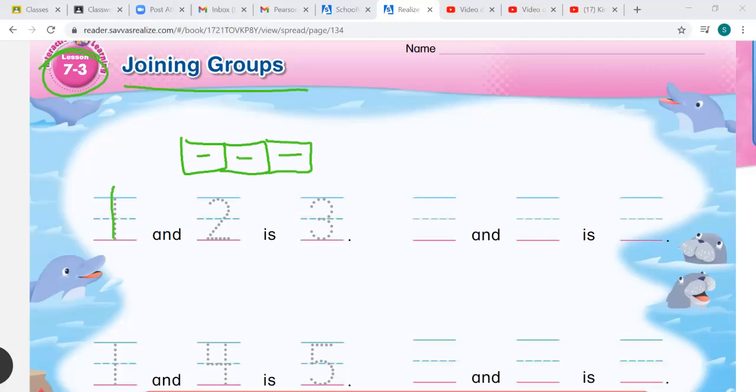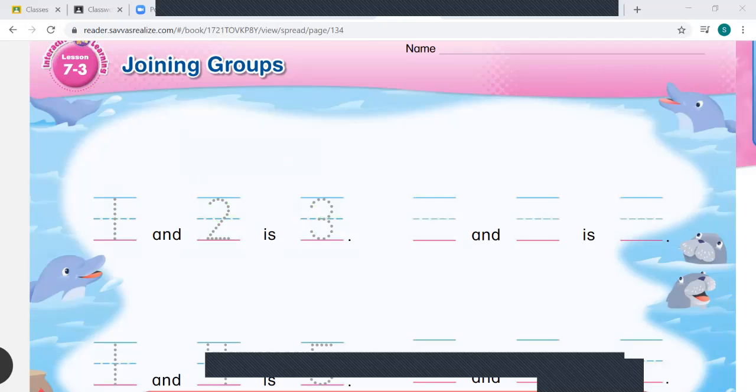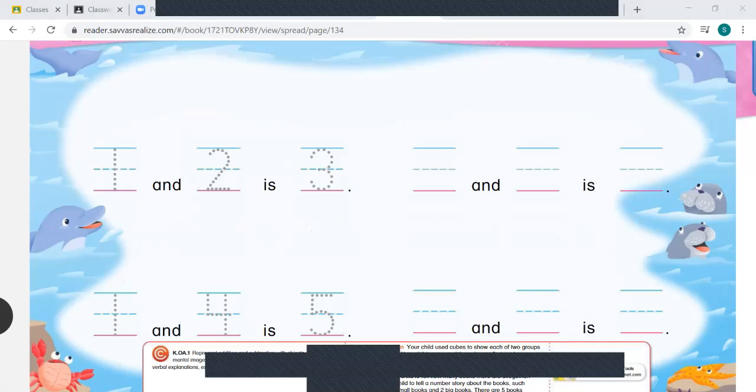So we had one boat, and then two boats came out on the lake. So 1 and 2 is 3. Okay, now I'm going to erase that, and I'm going to lift this up so you can see these questions down here.